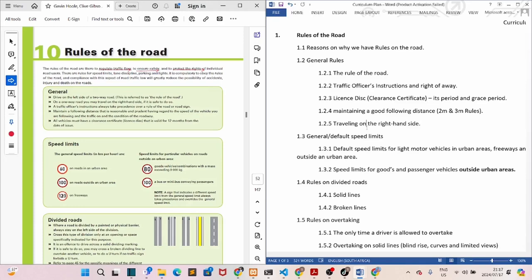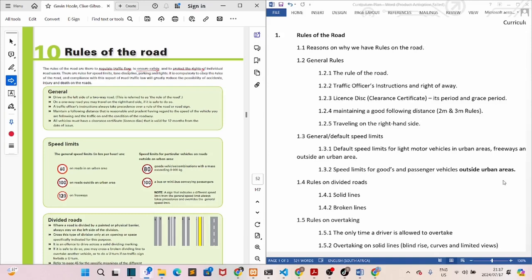There's no measurement, but what is being said is that the distance should be such that if the person in front of you suddenly stops, you will be able to stop your vehicle without swerving.